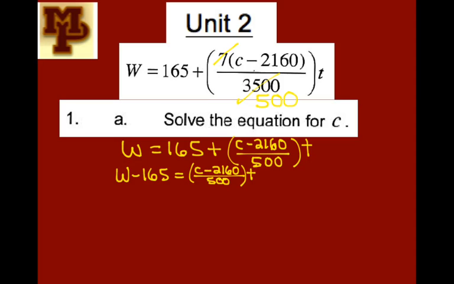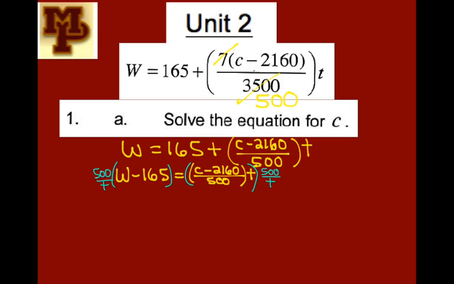I'm going to multiply both sides by the reciprocal. So remember how we do that, where we multiply by the reciprocal? I'm going to multiply by 500 over T on both sides.